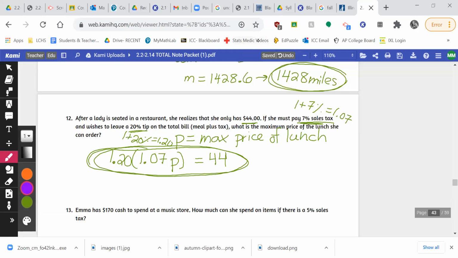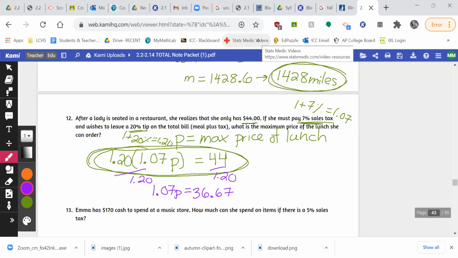Now you're going to solve it. First divide by 1.20, and we get $36.67.